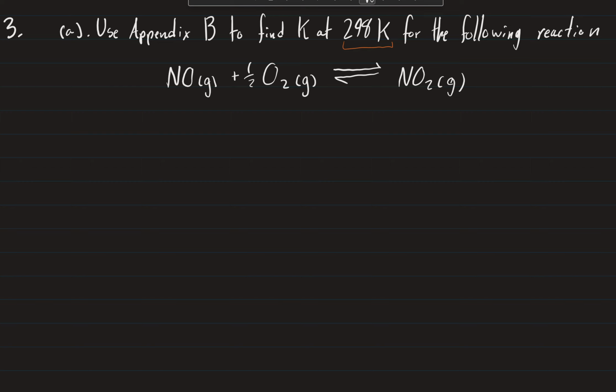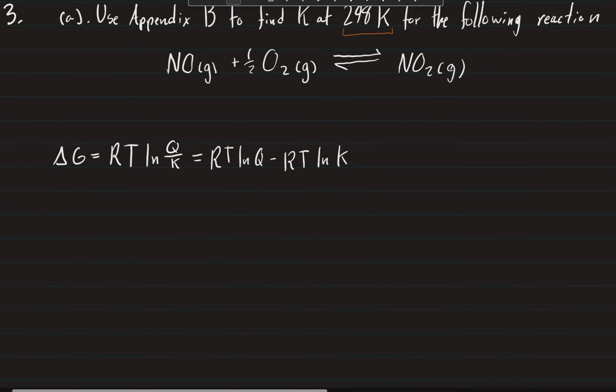The equation that I provided for you in the last slide was delta G is equal to RT natural log of Q over K, or you can also write it as RT natural log Q minus RT natural log K. Essentially, this will get you delta G, but it's not at standard conditions.